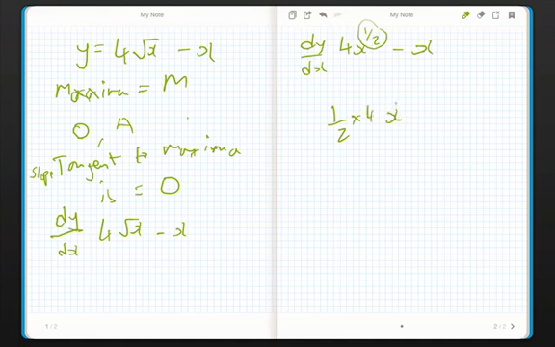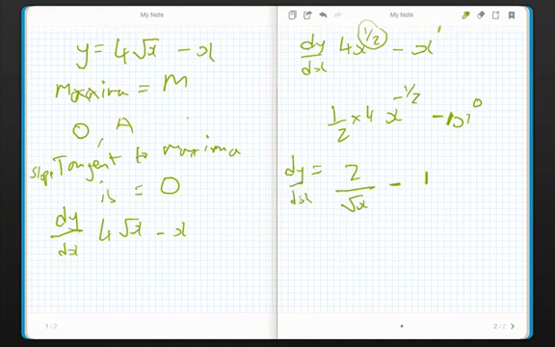Half minus 1 is minus half. Minus, we have x to the power of 1, so x to the power of 0 is 1. So this is equal to 2 by root x minus 1. So this is our dy by dx.